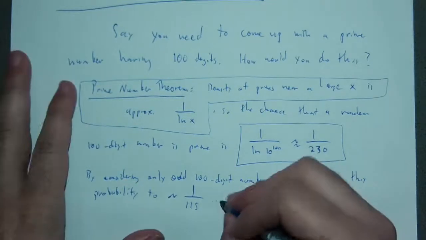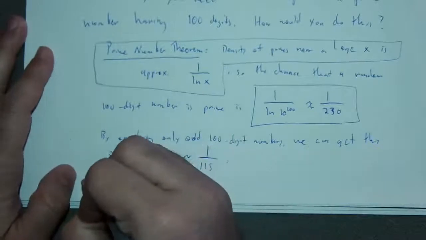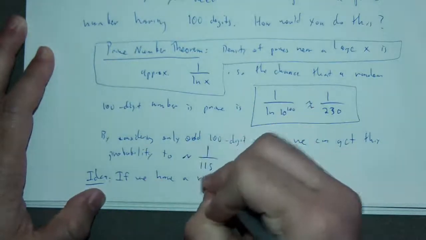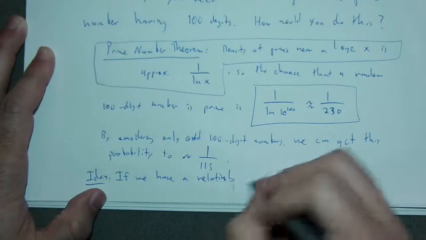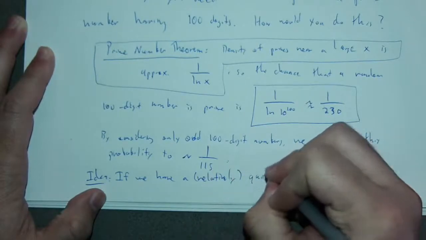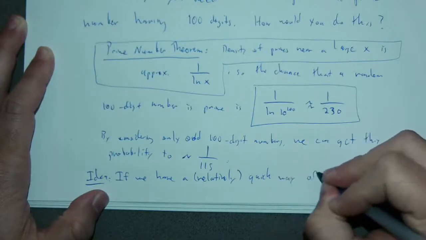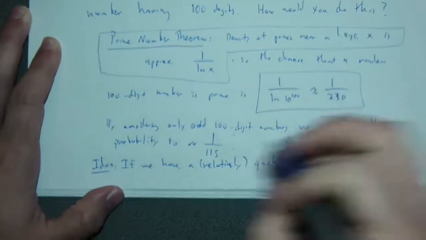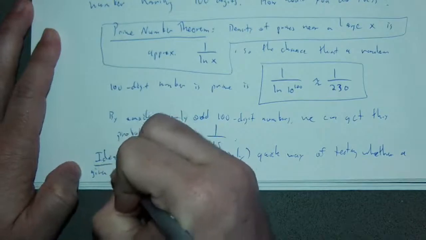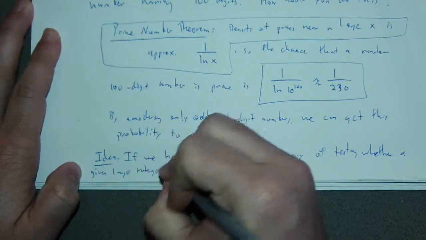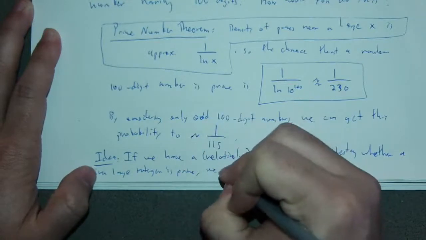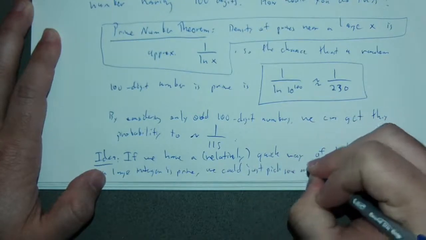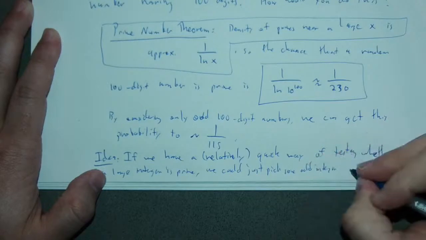So what's the idea here? The idea is if we have a relatively quick way of testing, and we'll talk more about that later, whether a given large integer is prime, we could just pick some odd integer and start testing.